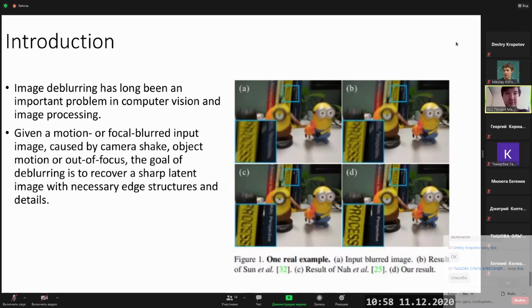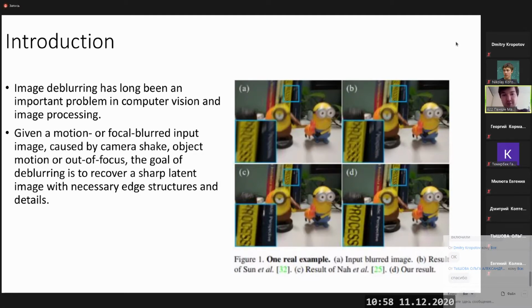So the traditional methods without any learning, of course, exist, but they require strong simplifications. So they require the simplified assumptions, and the real-life performance of such methods is not so good. There are such artifacts as ringing and overshooting and so on.